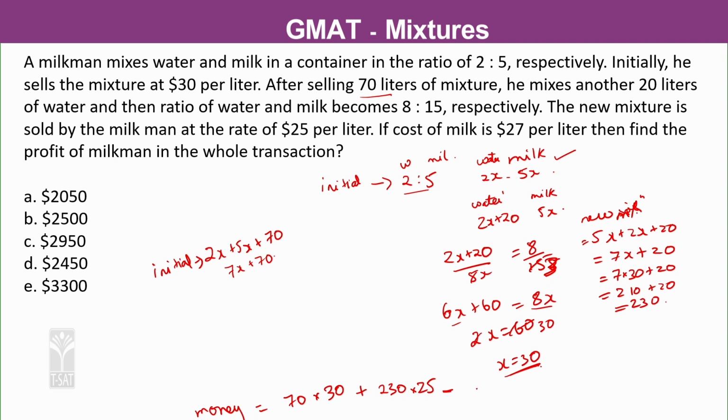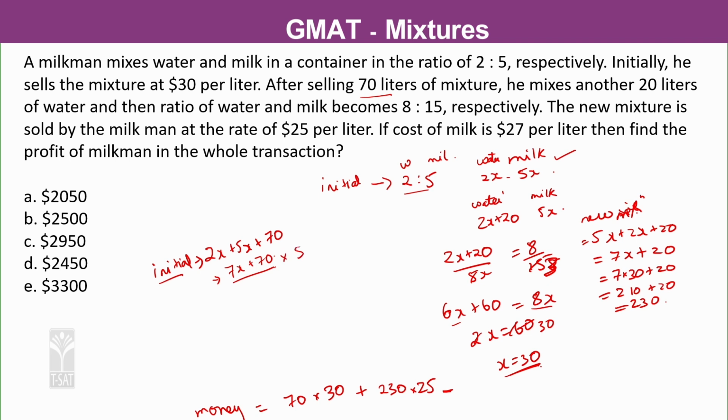He had to pay $27 per liter, and the initial total amount is 7x plus 70. The amount of milk, the ratio will still remain the same.